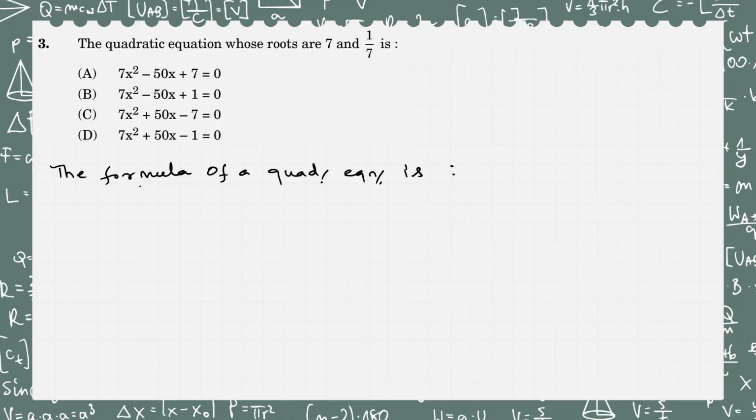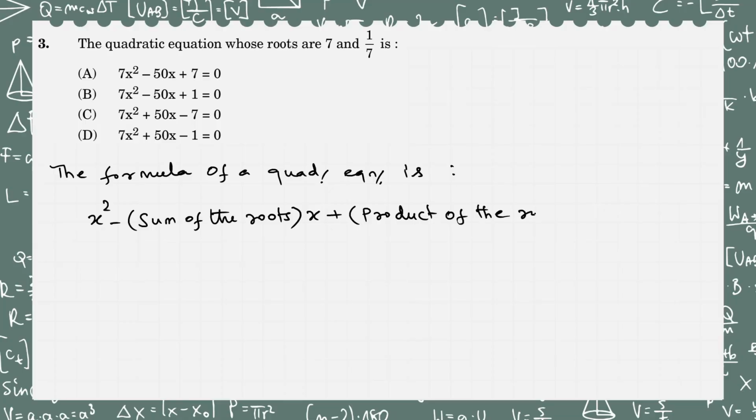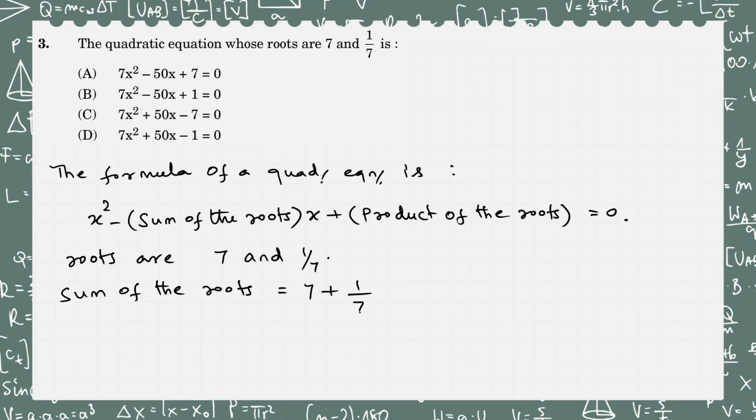The formula of a quadratic equation is x square minus sum of the roots into x plus product of the roots equal to 0. Now given roots are 7 and 1 by 7, right? 7 and 1 by 7. So sum of the roots is equal to 7 plus 1 by 7.